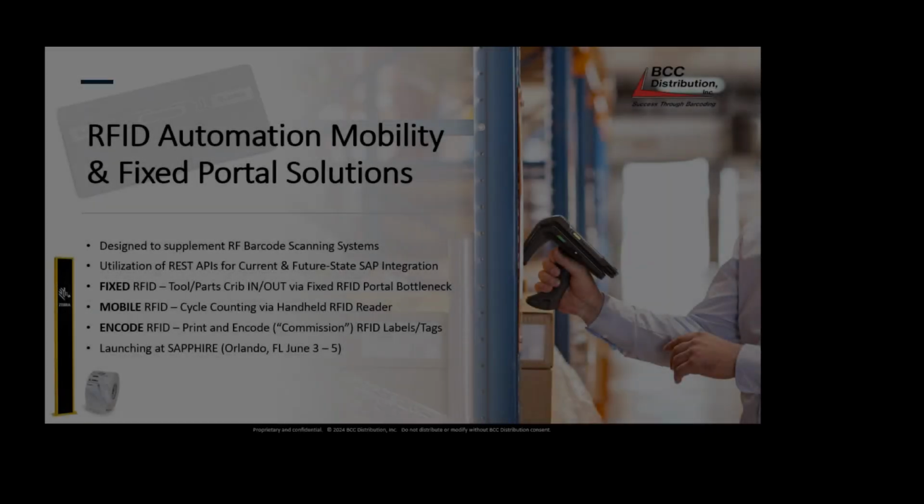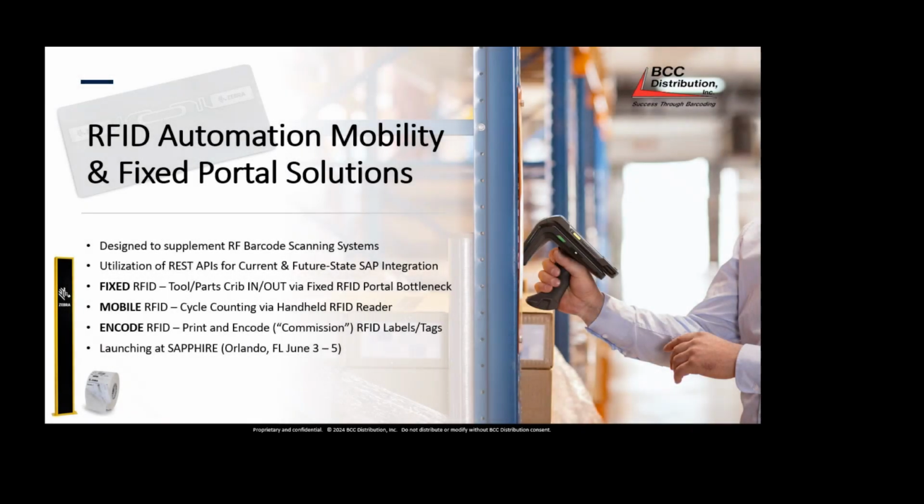If you remember the first slide, where we had manual, barcoding, voice, RFID, IoT, robotics, these are additional products that we either have or will have very soon to supplement the process.